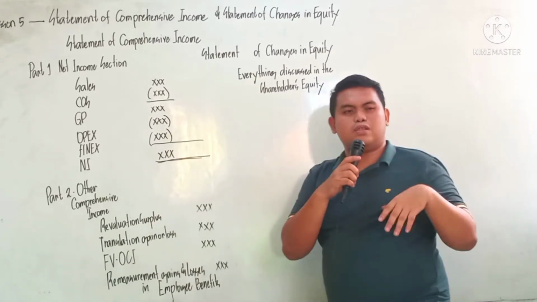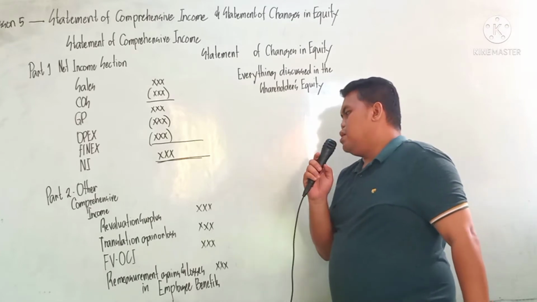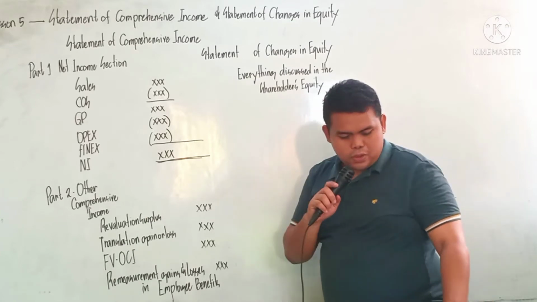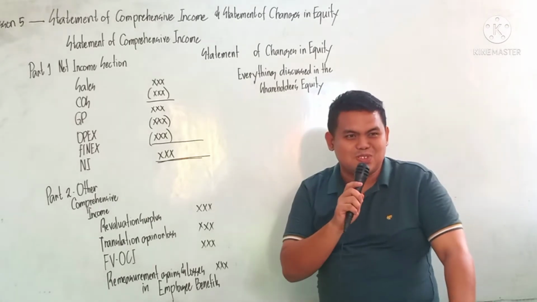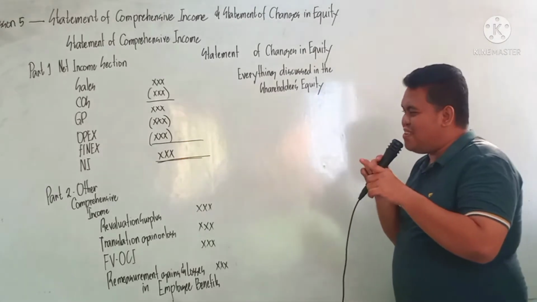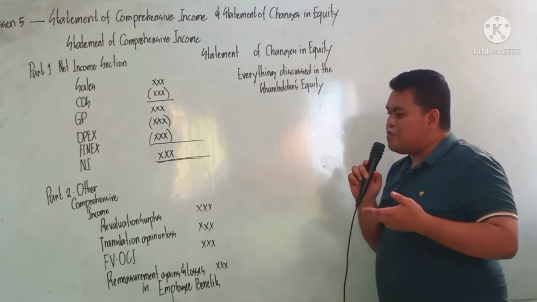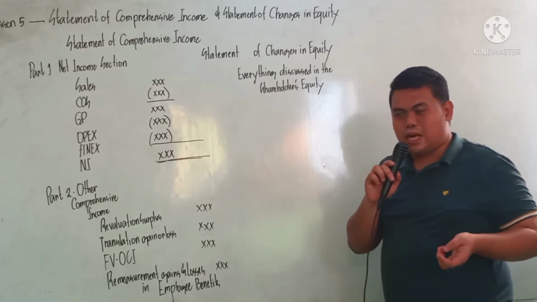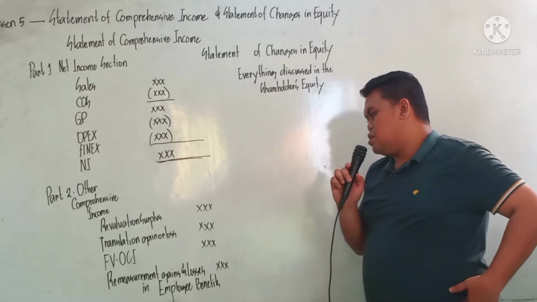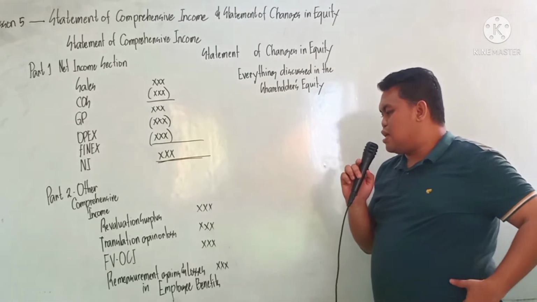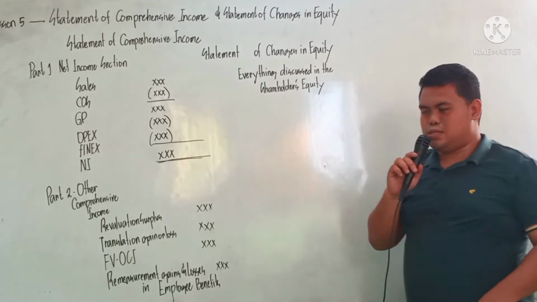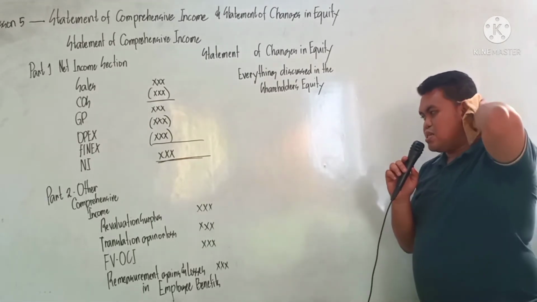First off, we have the revaluation surplus. So I'm going to assume na as if wala kayong alam sa revaluation surplus. We have translation gain or loss, fair value through other comprehensive income na gain or loss, and remeasurement gains and losses in employee benefits. So these are just examples.